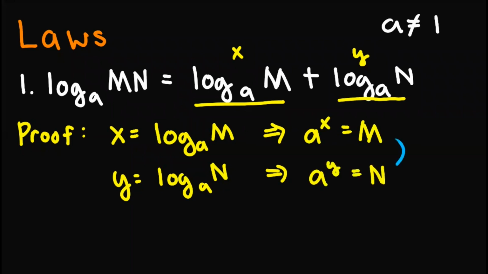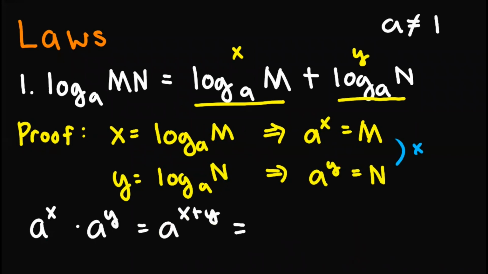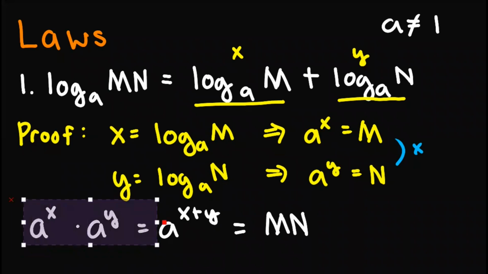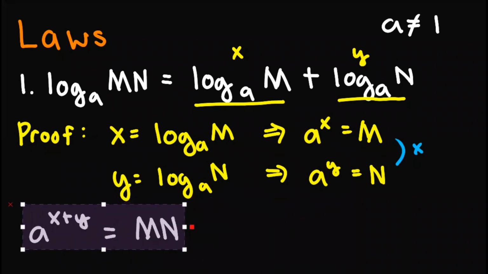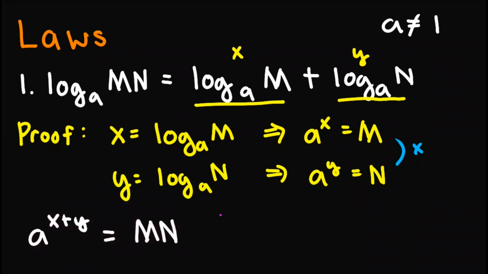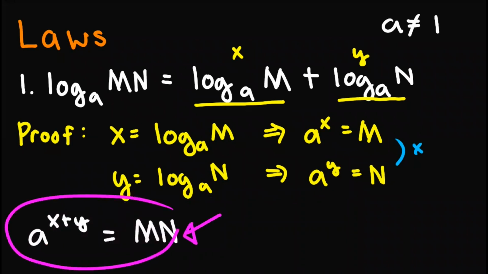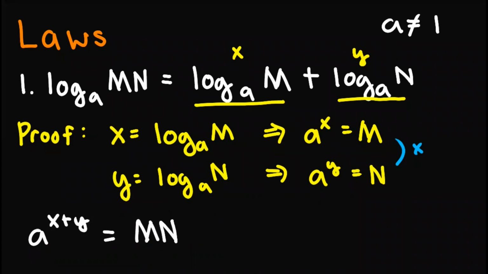In exponential form, this one is simply a raised to x equals m and a raised to y equals n. Then multiplying these two, we obtain a raised to x times a raised to y, or simply a raised to x plus y equals mn. And now, let us focus on this one out here, this whole one. Recall, how do we convert this back to logarithm?